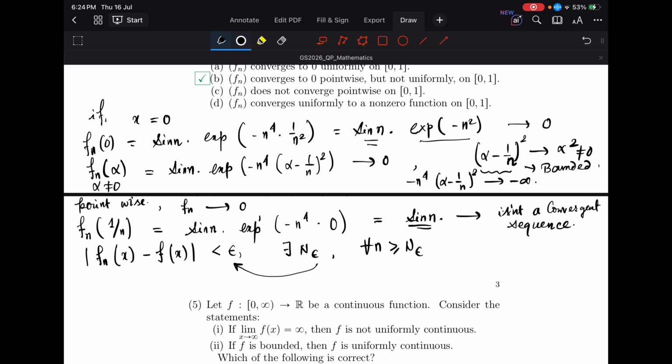So then you can conclude that this function converges pointwise to 0, right?